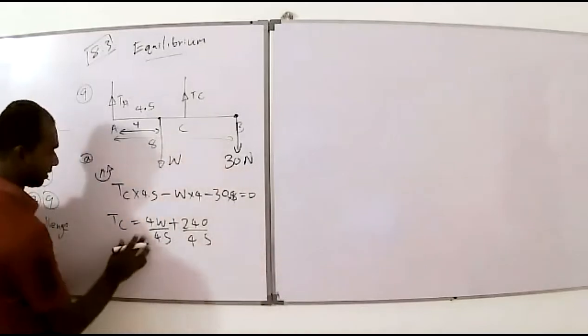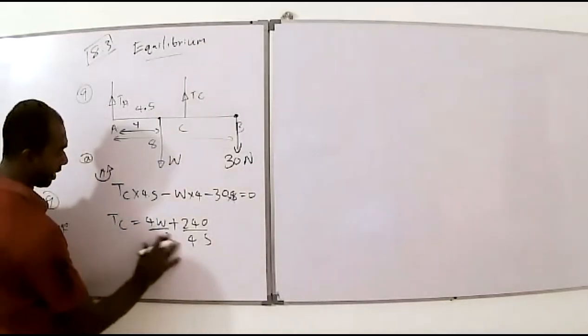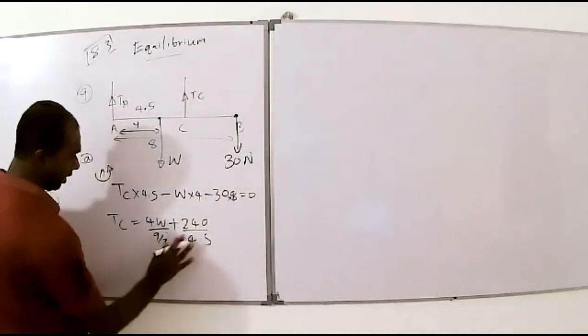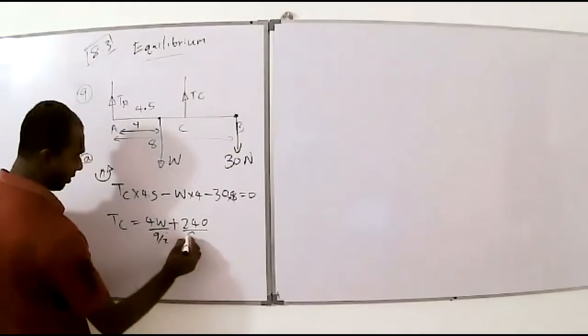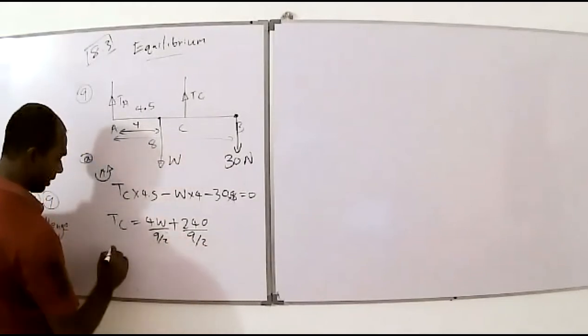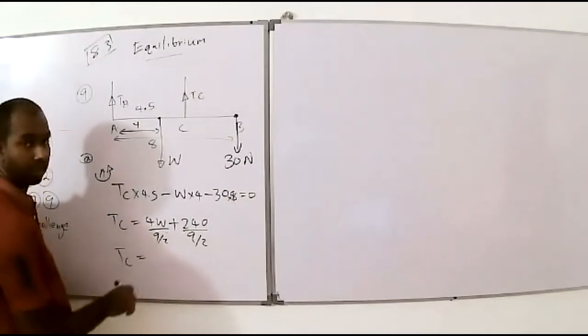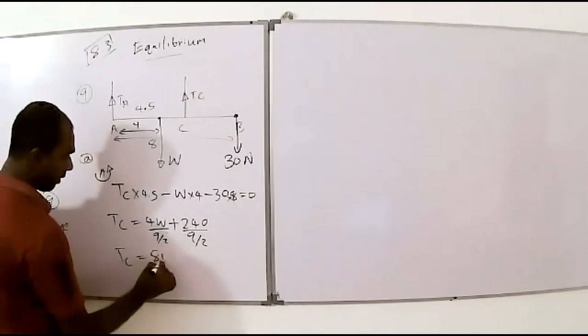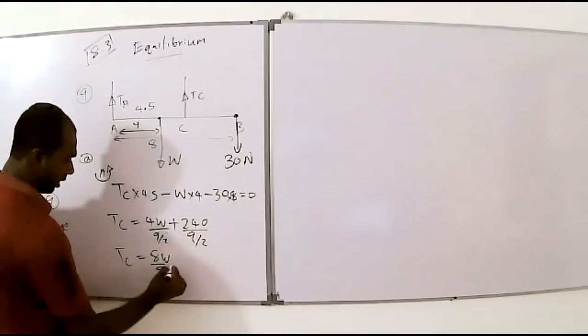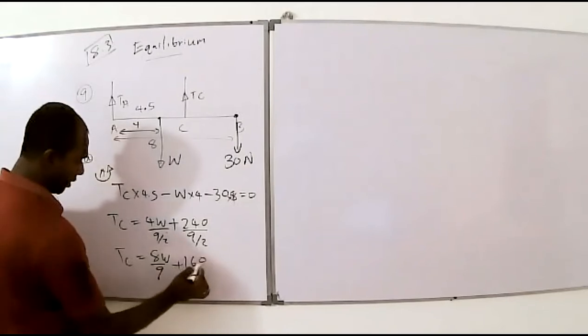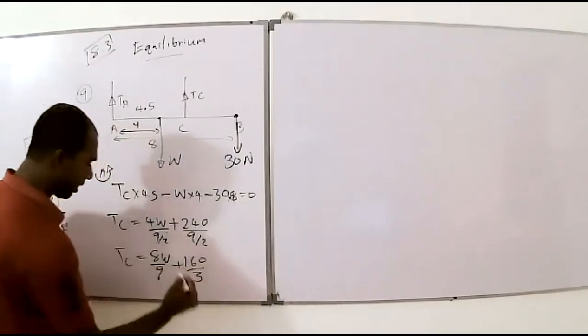You can consider this 4.5 as 9 divided by 2, here also 9 divided by 2. If you take the reciprocals, you will have 8W over 9, and I think 160 over 3 will come.